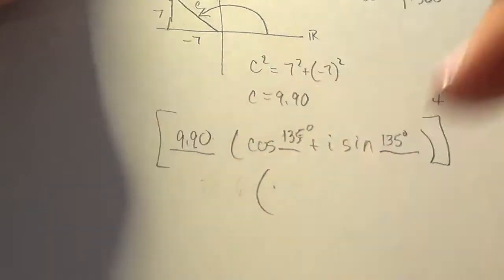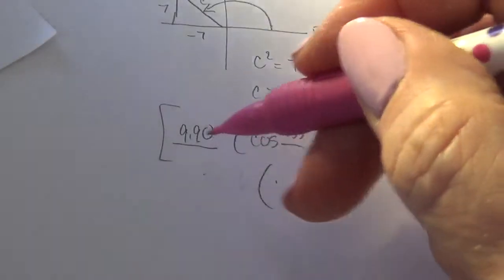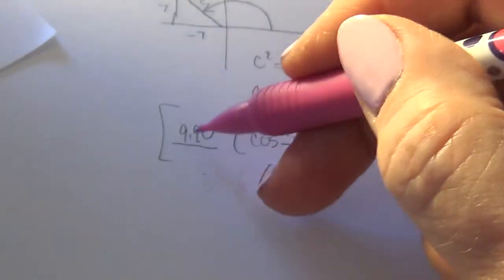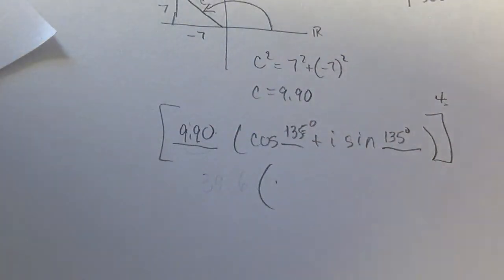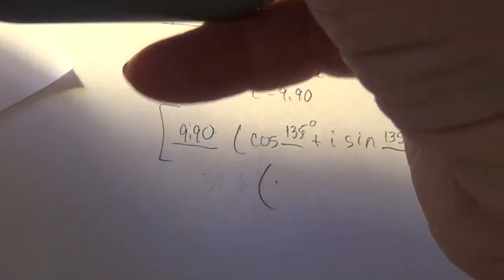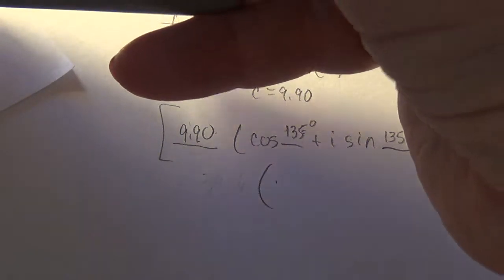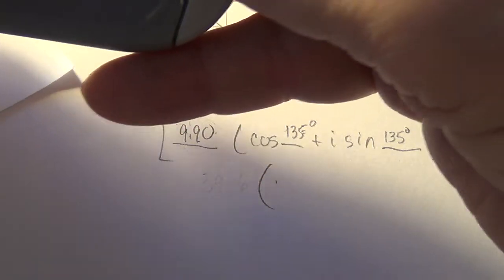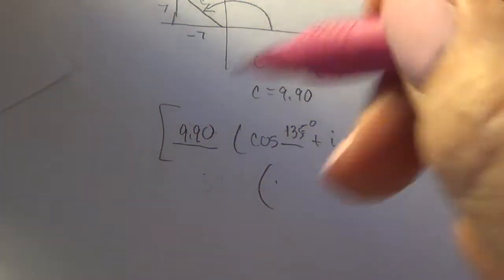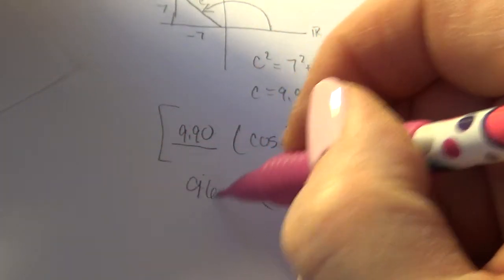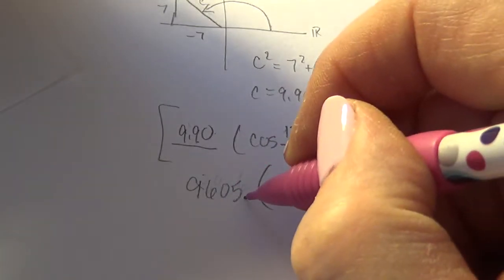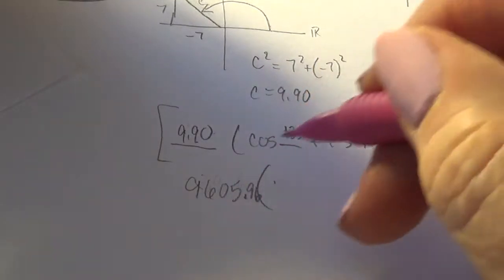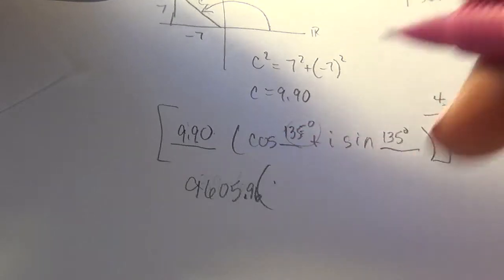This number is raised to the 4 by de Moivre. So the number out here, 9.90, is not multiplied by 4. It's raised to the 4. 9.90 raised to the 4th. It's much bigger. 9605.96. And this number is multiplied by 4.